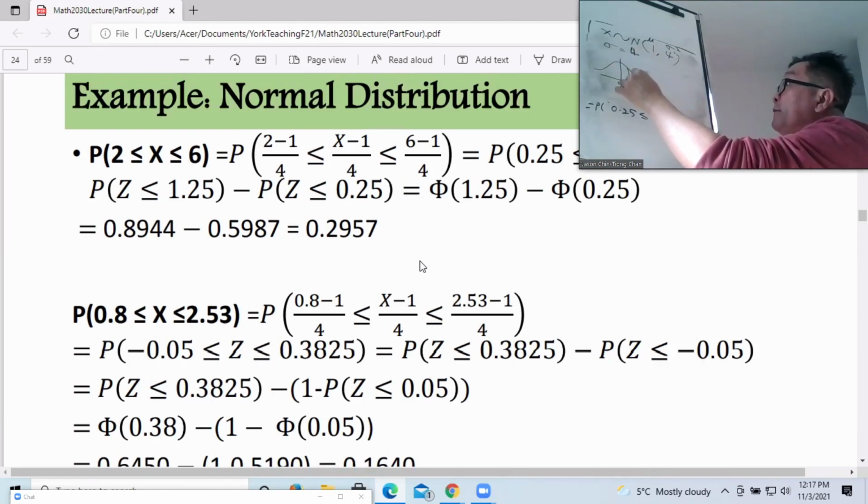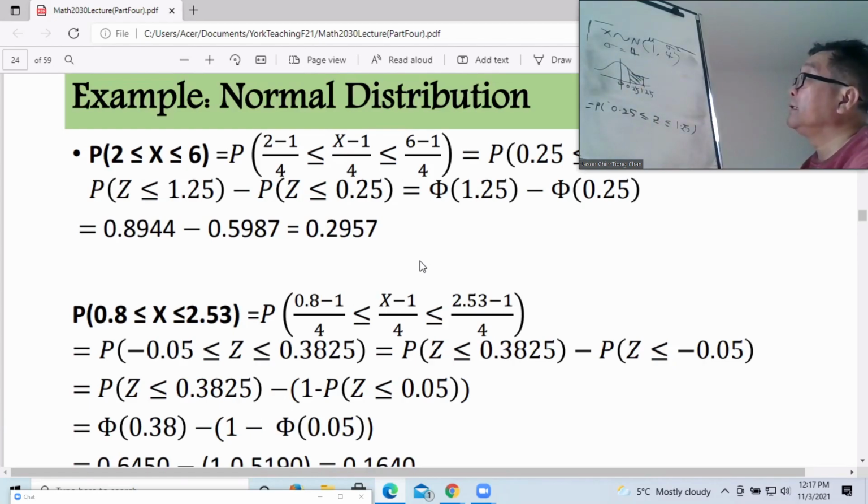So 0.25, 1.25. Okay. Do you agree that this one is also similar to these pictures? 1.25. The second picture minus the third picture.